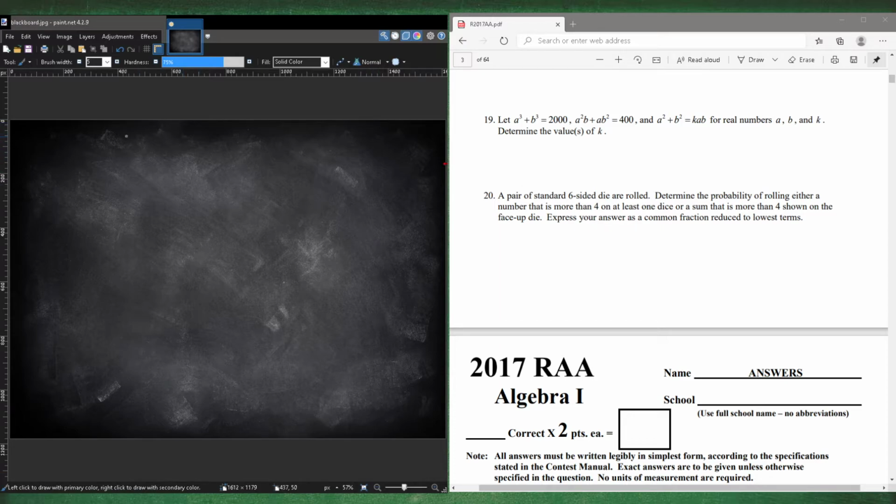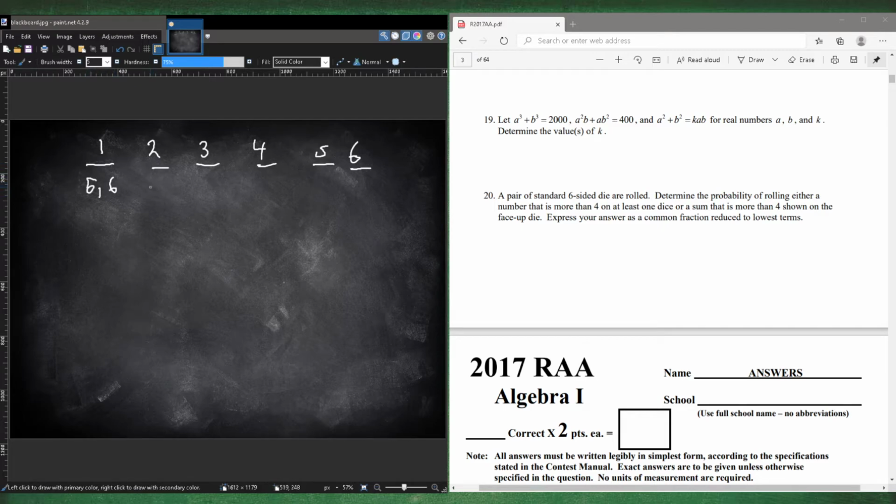Okay, so let's say we have our first die. The first numbers are 1, 2, 3, 4, 5, and 6. So what combinations work? Let's look at the first possibility: a number that's more than 4 on at least one of the dice. Well, if the first die is 1, that means the second die must be a 5 or a 6.